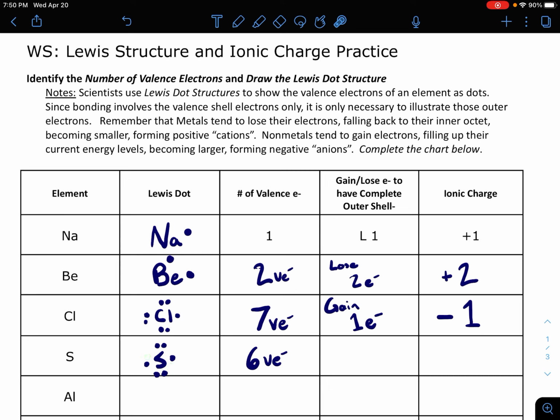If it could just gain 2, life would be good for sulfur. So sulfur is going to gain 2 electrons. And just like we did before, gaining these negative charges doesn't make you positive, it actually makes you more negative. So since it's gaining 2 negatives, it has a -2 ionic charge.